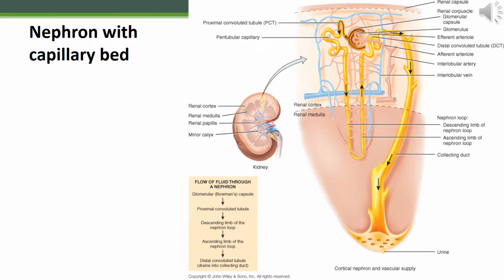And then finally, when we're at this distal convoluted tubule, it eventually feeds into this collecting duct, which is this thick yellow tube which leads down. And at this point, we should have fully formed urine within the collecting duct.